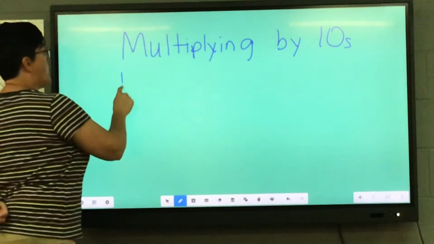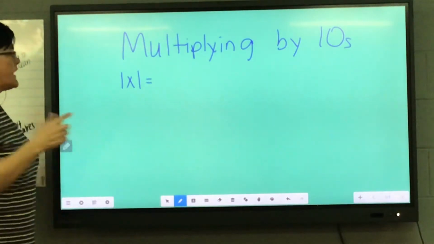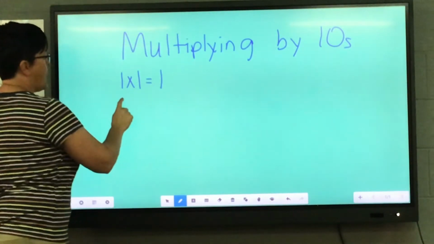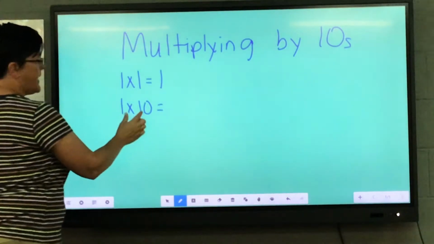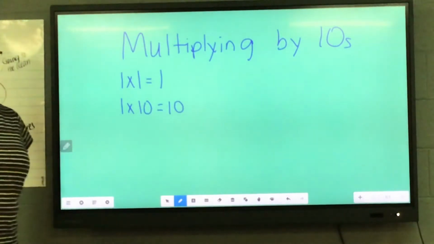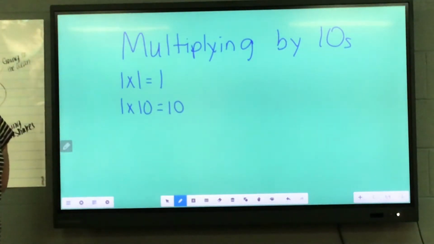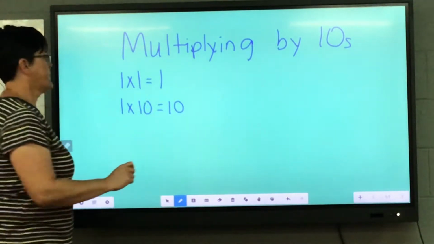If I say 1 times 1, what does that equal, friends? 1. That equals 1. Now, what if I say 1 times 10? I still have a 1 times 1 here, but then I'm just going to add that 0 behind it. So 1 times 10 is 10.